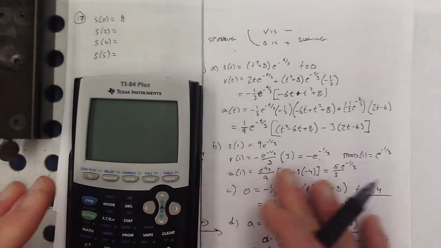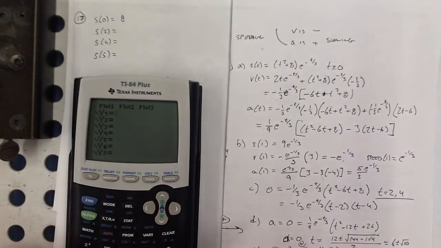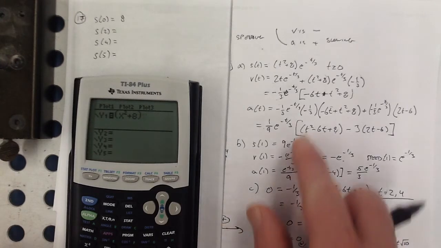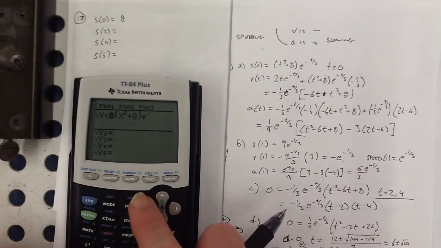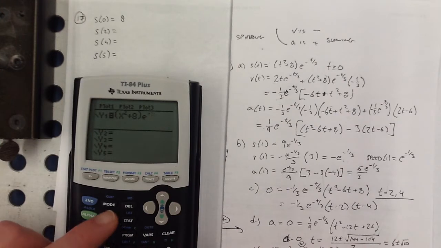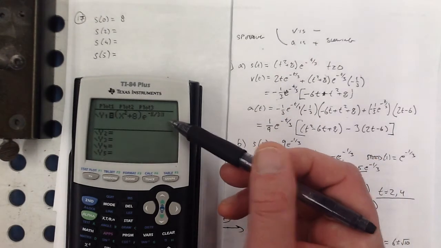So here, let's find those values. I'm going to go ahead and put the function in here so I don't have to keep retyping it. X squared plus 8 times e to the negative x over 3. Let's make sure that looks good. It does.